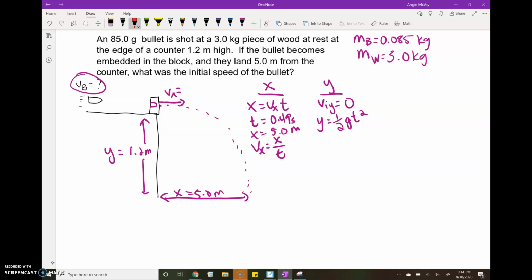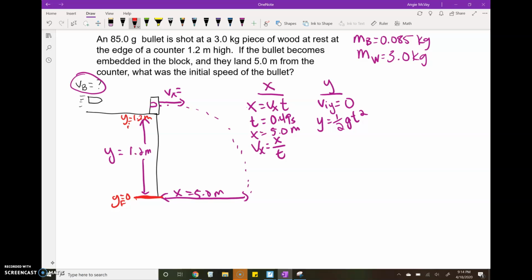So I think what you're talking about is if you set the ground as height 0, then that would mean up here the starting height is 1.2 meters. So this would be y initial and this would be y final.